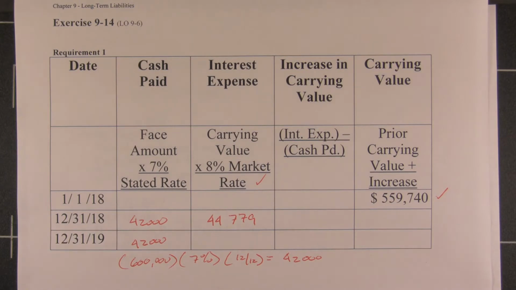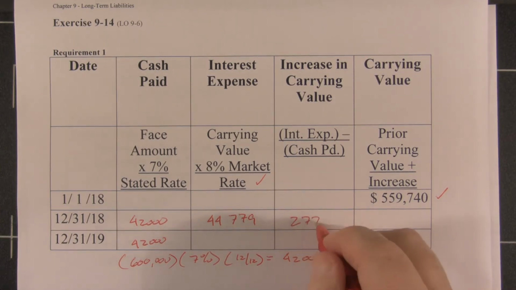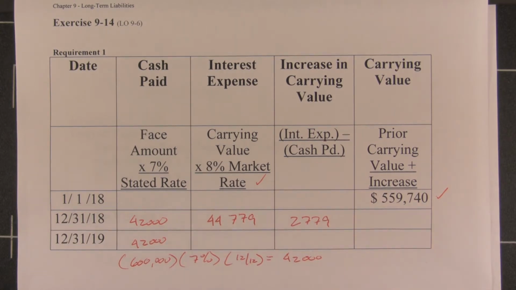The increase in carrying value is the difference between the $42,000 that we send out and the $44,779 that is the actual interest at market rate. So that's $2,779. And we're going to add that to our carrying value.